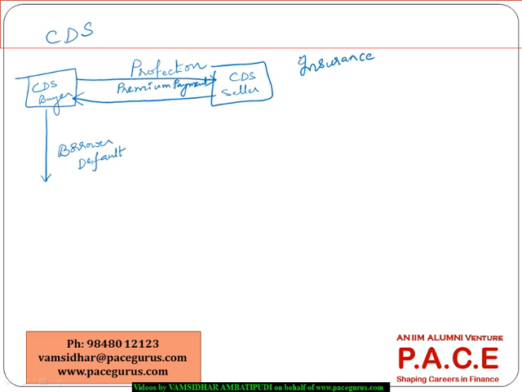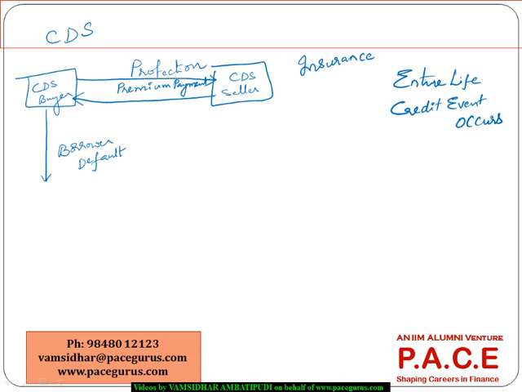The payments are made to the CDS seller in the form of premium for the entire life of the swap, or it could be until a credit event occurs. It could be looked at as either of them.